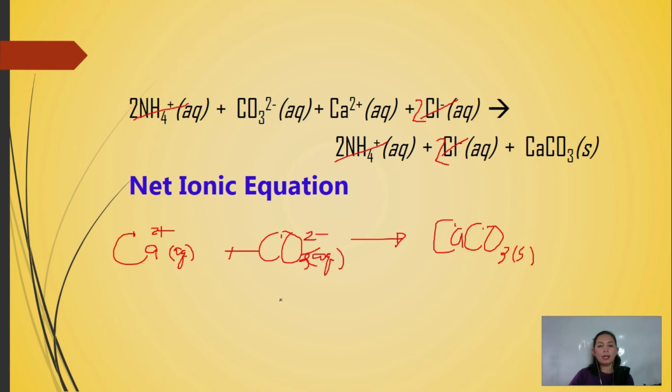Okay, so this is now our net ionic equation. If you check the charges, this is equal to 0. Positive 2, negative 2, 0, and equal to 0 for calcium carbonate. And then, again, what are our spectator ions? Our spectator ions are the ammonium ion and chloride ions.